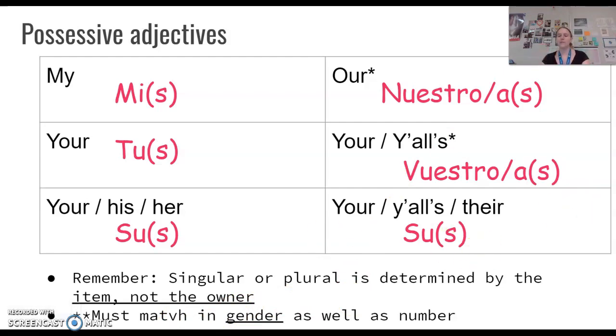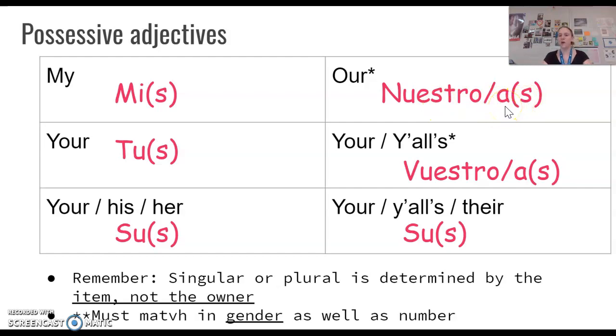So for example, if I'm talking about our grandmother, it doesn't matter that I have primarily male cousins, our grandmother is female, so it would be nuestra. She's also only one grandmother. It doesn't matter how many people she's the grandmother of. She belongs to us, so I'm choosing nuestro, but she's only one person.